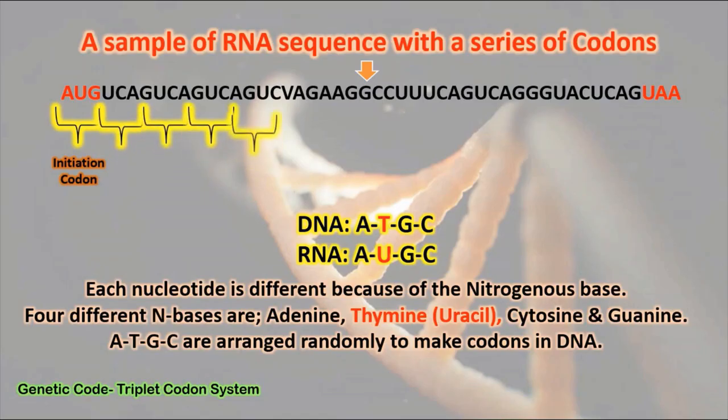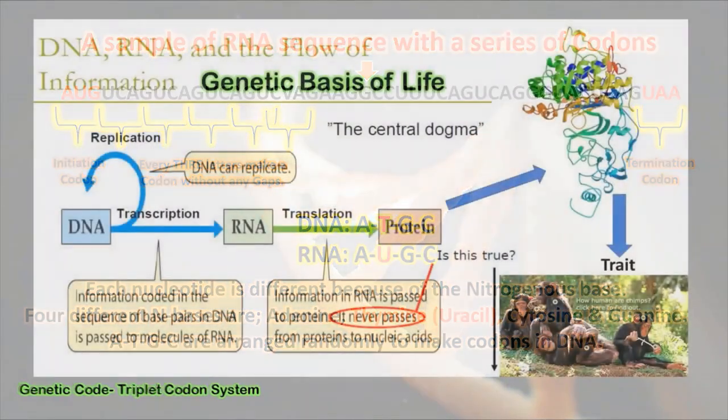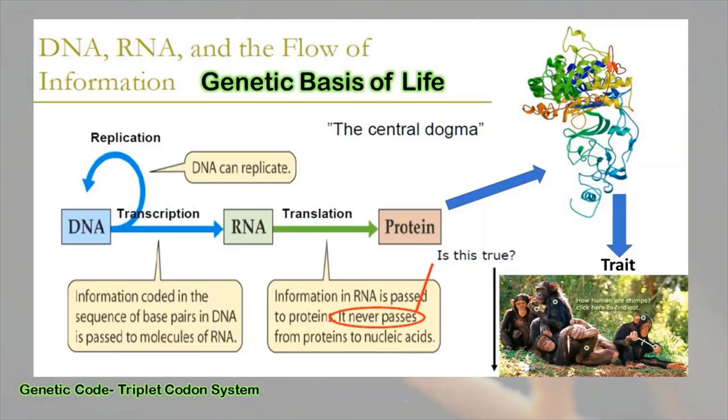You can see these are all the codons. Set of 3 nucleotides is 1 codon. So these codons are run without any gap because genetic code is commaless, and the last codon is the termination codon. This is how the information in the living system is stored, by using the genetic code, and this is the basis of life, and this is what is known as the genetic basis of life.